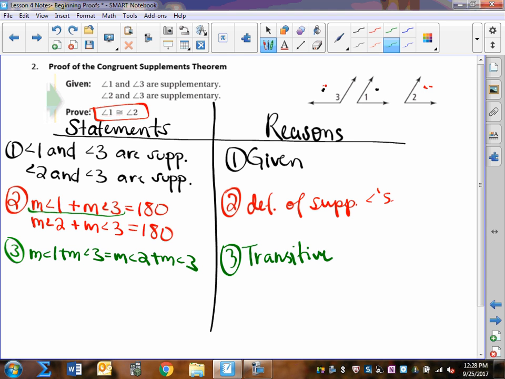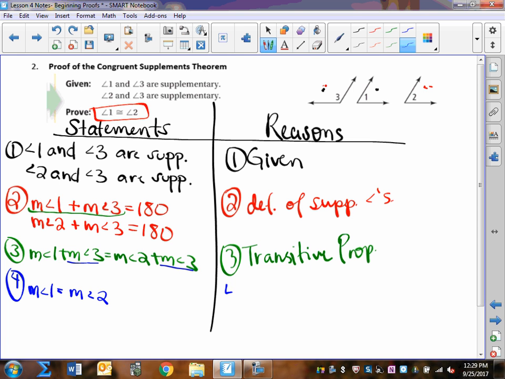Transitive property. Alright, now what'd you guys do? Good, what do we subtract? Good, so we got rid of this guy. A little bit different from last time in its location, but still giving us the same result.